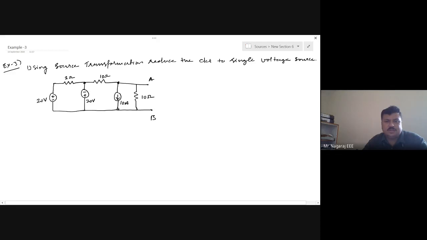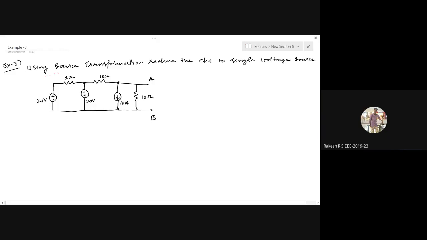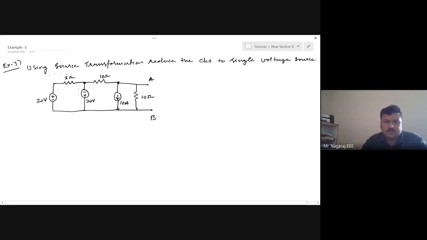They are not in exactly parallel. 20 volt connected to 10 ohm. Where? Here. 20 volt to 10 ohm or 20 volt to 2 ohm?